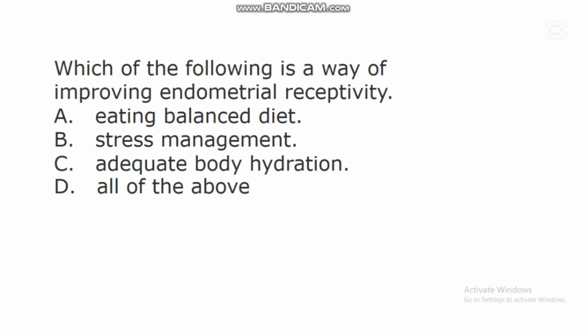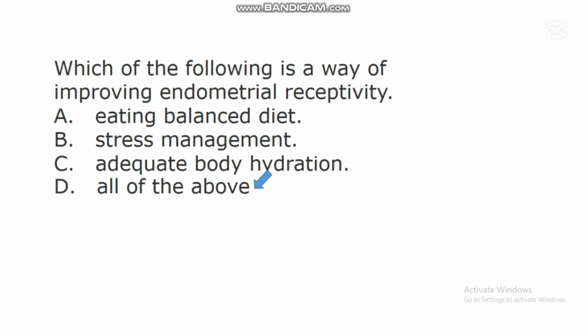The next question says, which of the following is a way of improving endometrial receptivity? A. Eating balanced diet. B. Stress management. C. Adequate body hydration. D. All of the above. In this question, the correct answer is D, all of the above. There are many ways of improving endometrial receptivity.